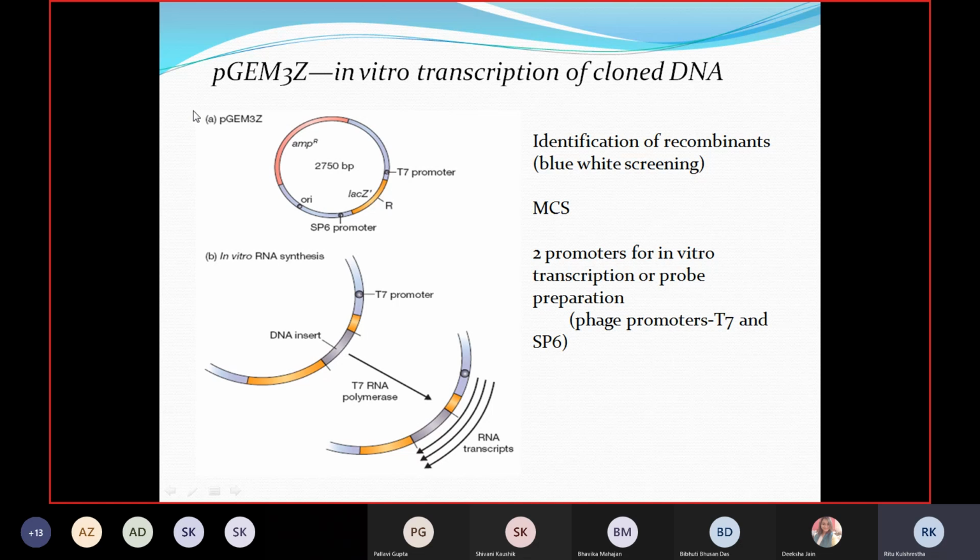But because the bacteria itself does not have T7 RNA polymerase, it just has E. coli RNA polymerase, what they have done is introduce into the E. coli the RNA polymerase for T7, which is called T7 RNA polymerase. Let's say I introduce this plasmid in a particular bacterial strain. In the same bacterial strain, there will also be the SP6 RNA polymerase gene present.